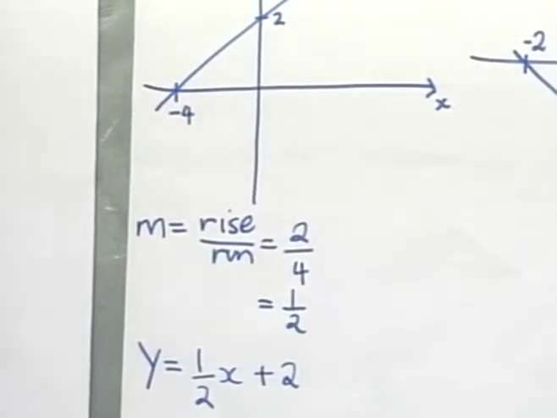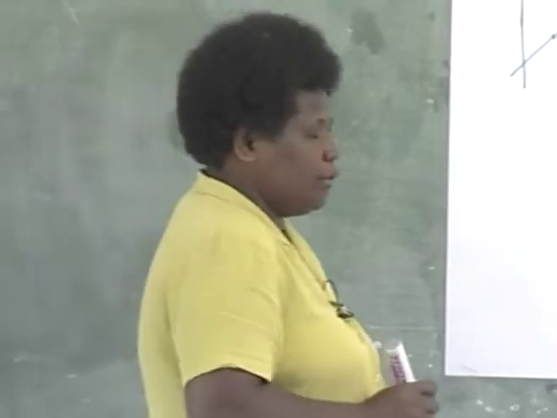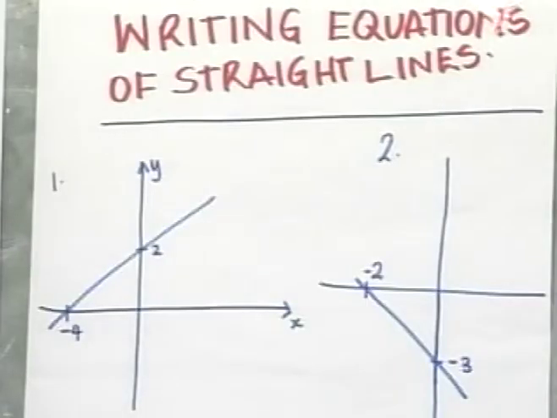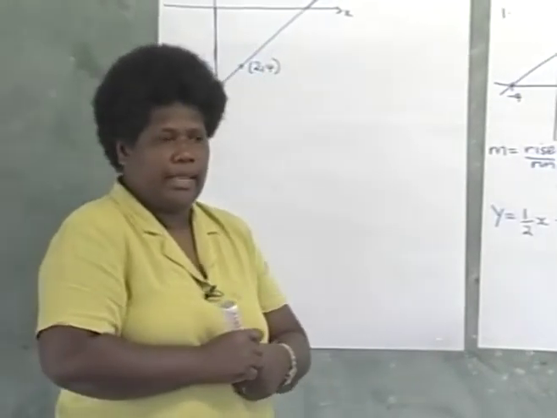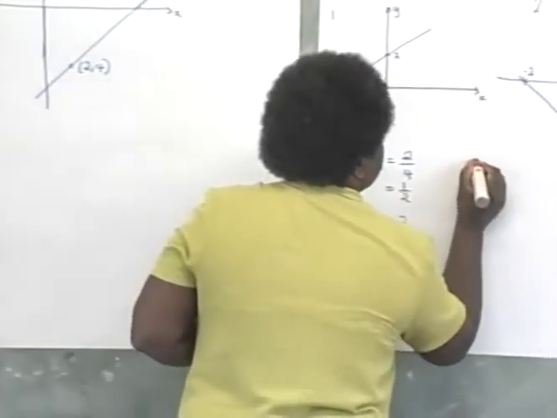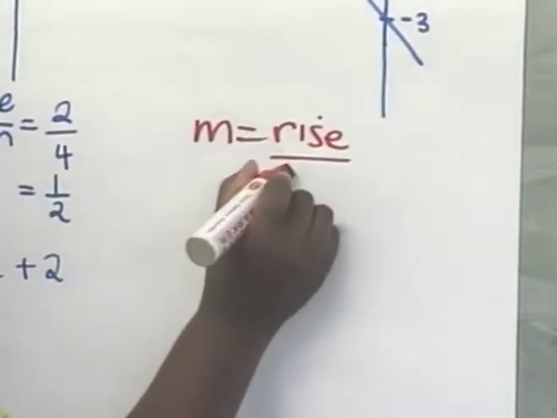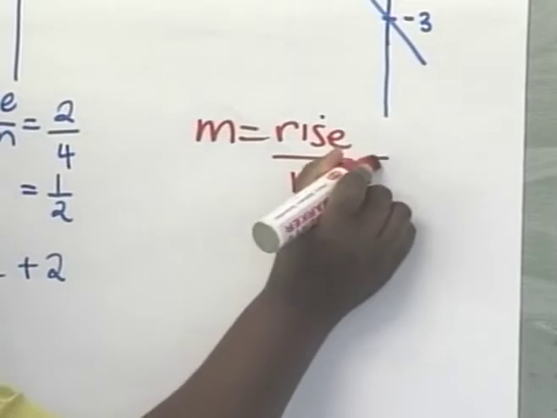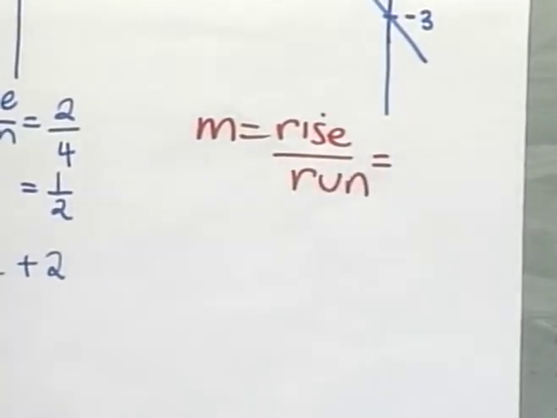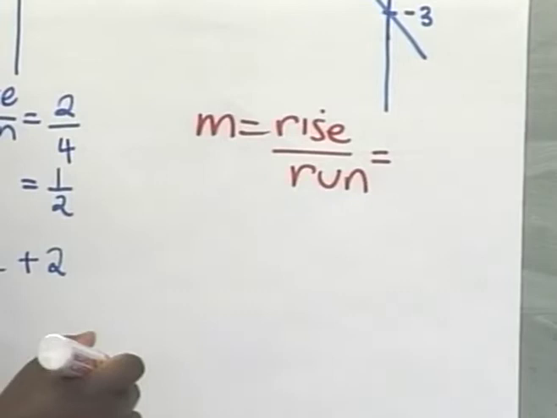Example number 2, Geno, does the graph have a positive or a negative gradient? Negative gradient, okay. What is the rise, Patrick? Three. 3 or negative 3? 3.